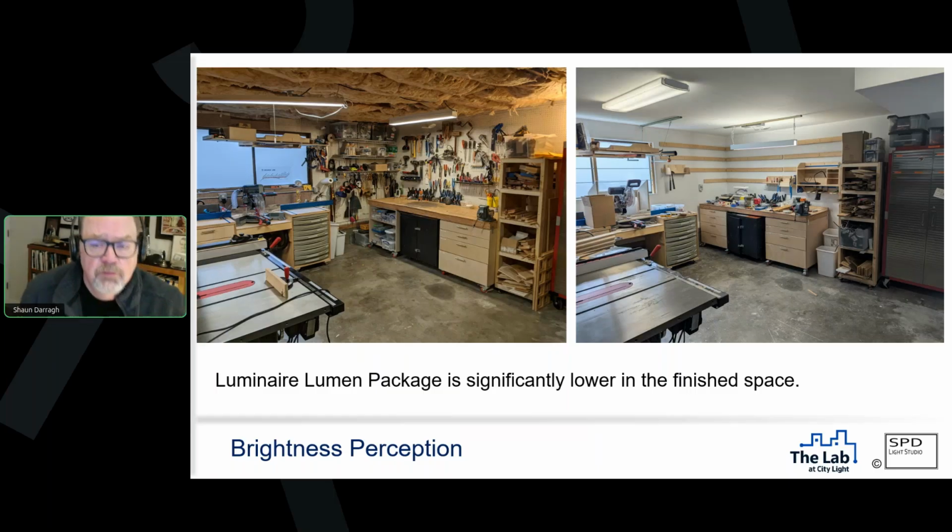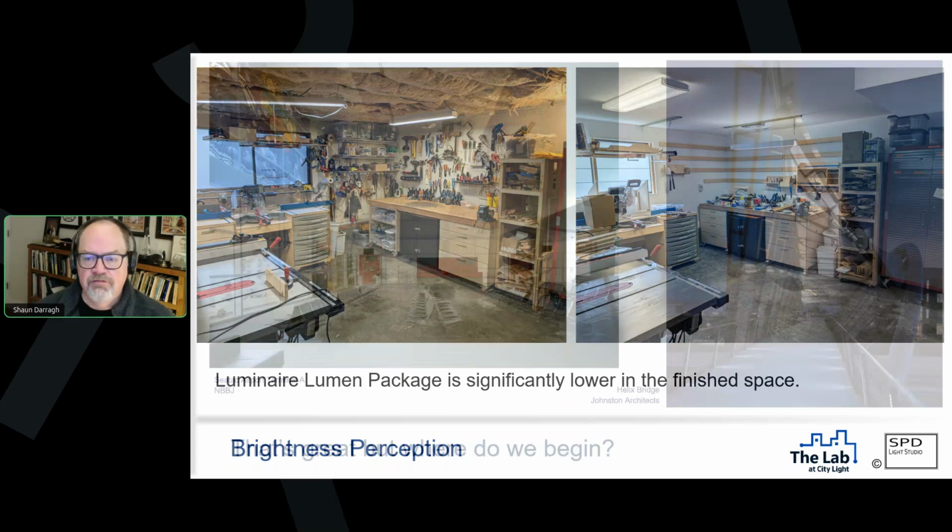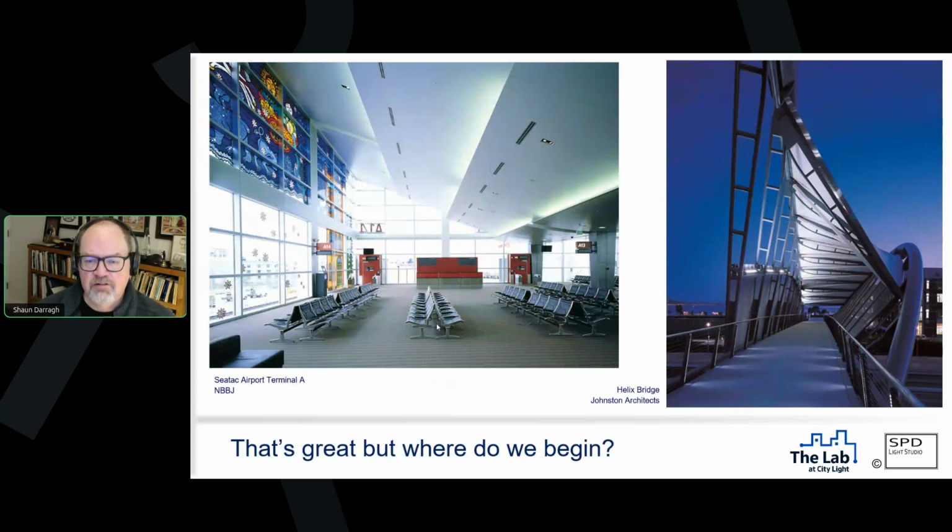All right, so everybody, welcome back. We have now more or less concluded the background portion, right? Why are we here? How are we doing things? What matters? So if we move forward from that, where do we begin? How do we start to think about projects?